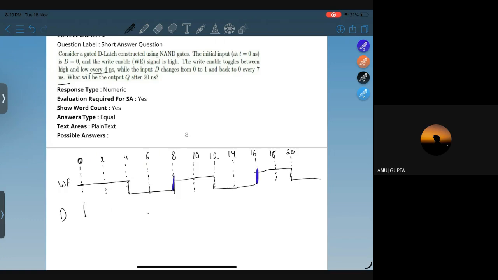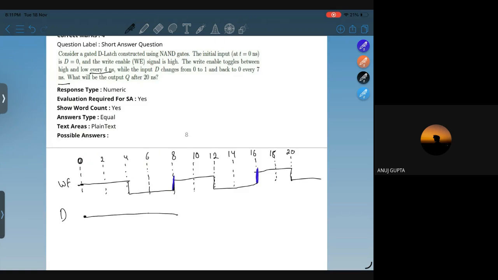D toggles between 0 and 1 every 7 seconds. But initially D is zero, right? Yes, so initially D is 0. So you start from zero itself. But since the W is high now, it should toggle, no? Or should not. Okay, then let's go till here because it will hold the state.